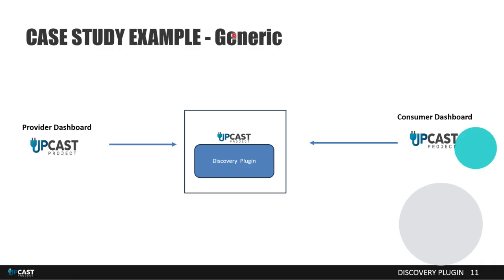In fact, this pattern can be applied in many situations, and in the context of UPCAST, we also demonstrated a generic example where, through the Discovery plugin, any provider is equipped with a provider dashboard that we developed for UPCAST, but it can represent any system or interface used by data providers, and a consumer dashboard, which we also developed for demonstration, but it can be any interface on the consumer side that can integrate or communicate through the Discovery plugin.